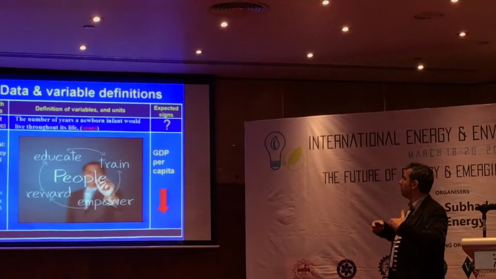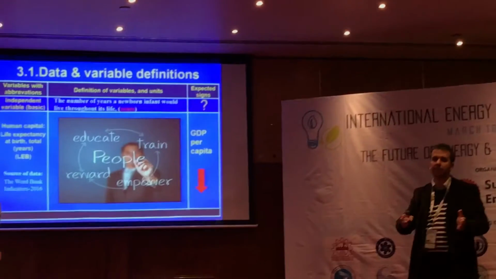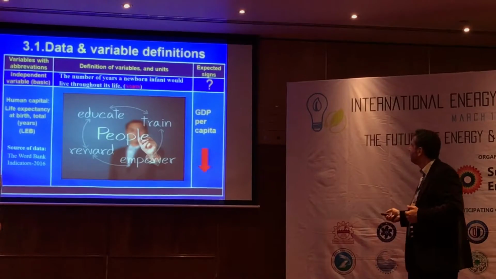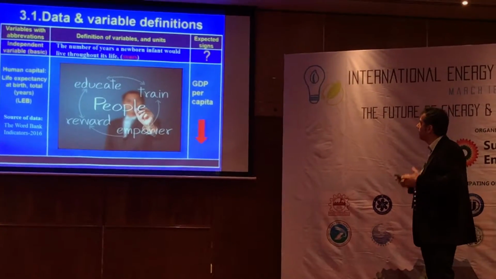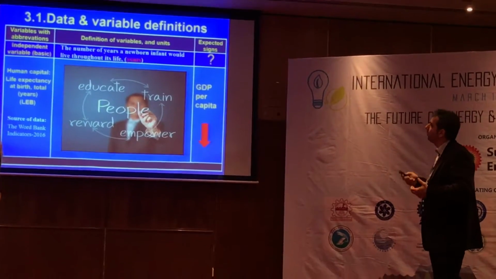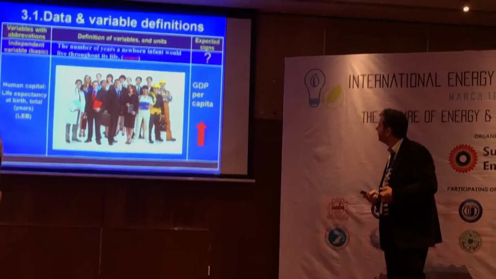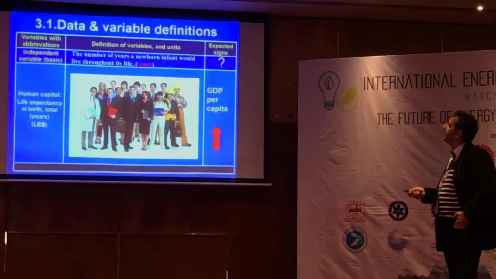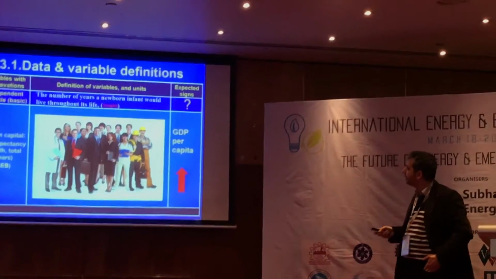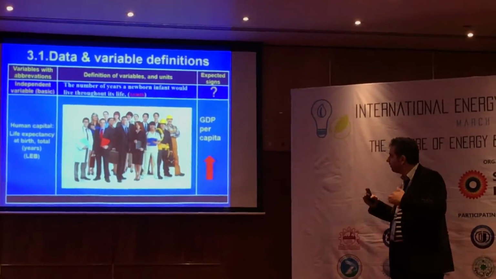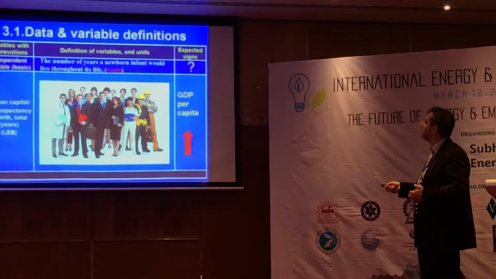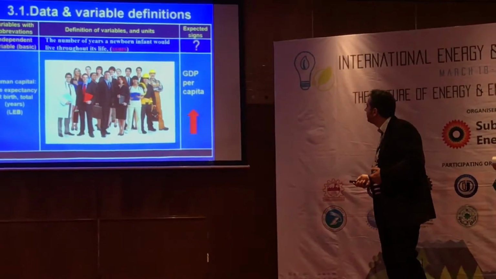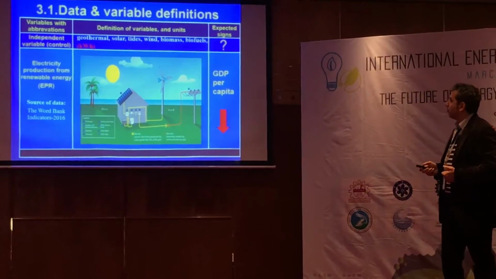In developed countries, we expect this number is high, and in developing countries, this number should be low, and it cannot be expected for our economic model. But we are sure about something else. If a country makes investment in education and health, you see its GDP per capita will be high for healthier and educated people.